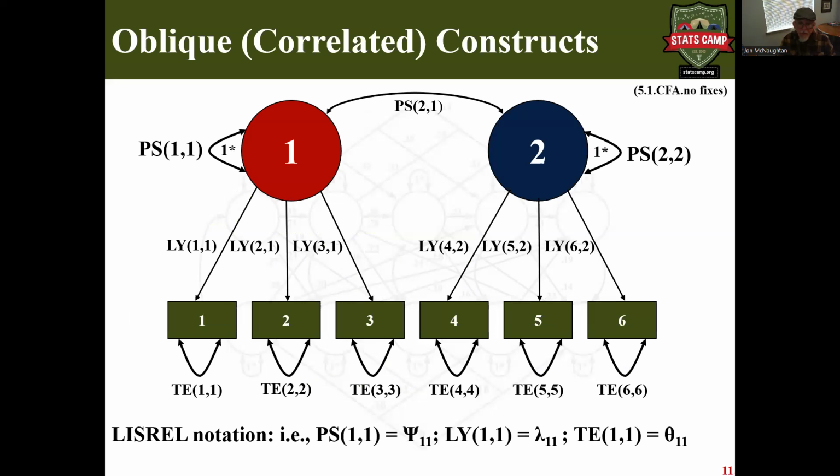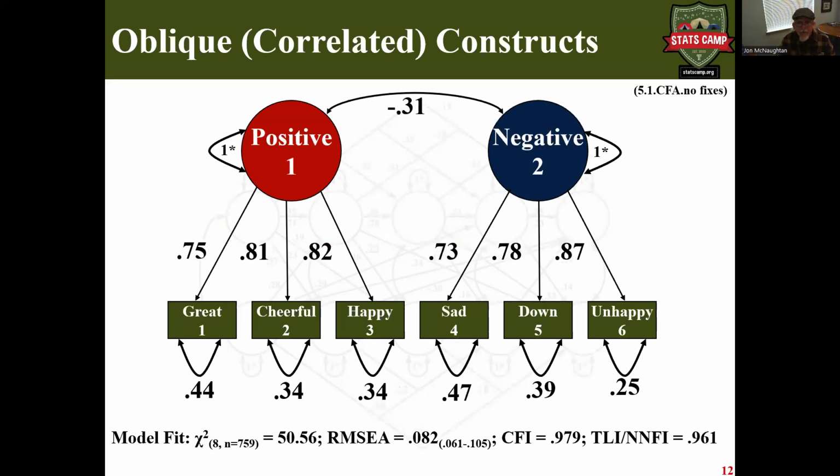Again, I'm using literal notation instead of the Greek letters, but here are the parameter estimates when I estimate the relationships. So now with the parameters being estimated, where the variances are fixed at 1 and because it's standardized, I have loadings that I can interpret.